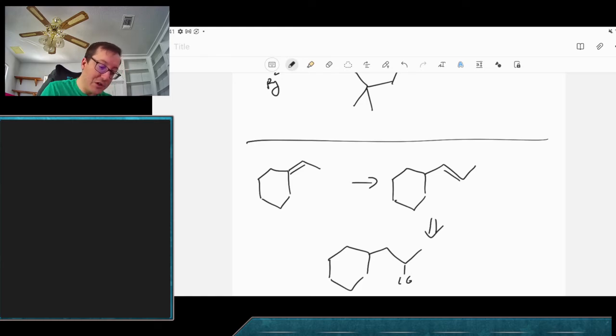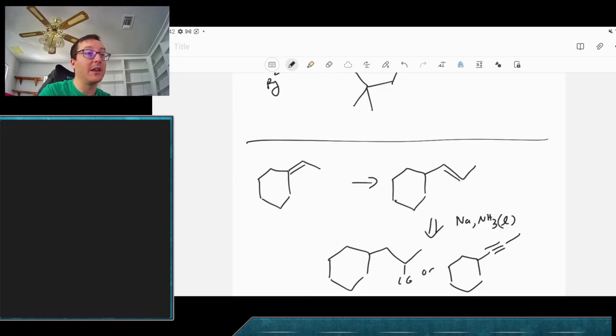We can say, well, we've done an elimination with a leaving group there on that position using a small base, or we've taken an acetylide, and in either case we have two options. Our acetylide would give us, or we would use Na and ammonia.